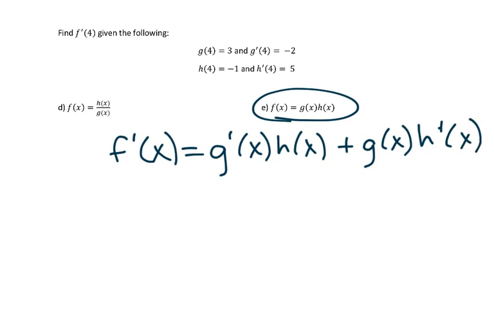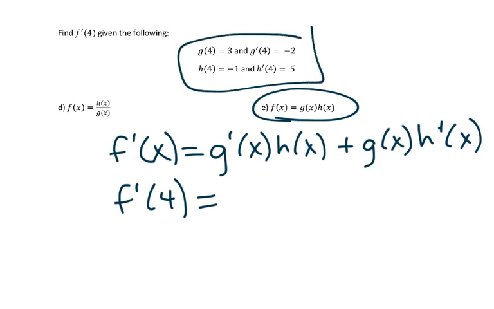Just like before, if we want to find f prime of 4, really what we're looking at is g prime of 4 times h of 4 plus g of 4 times h prime of 4. If we find these values that are given here, we're going to use those.